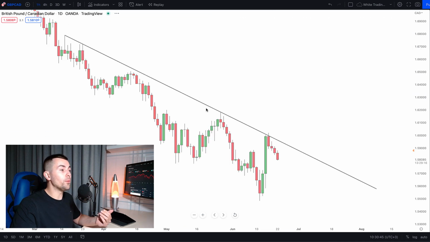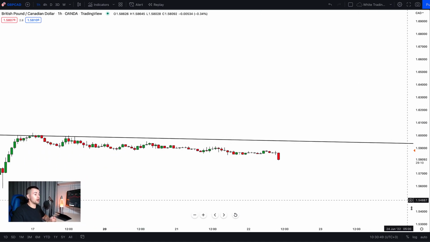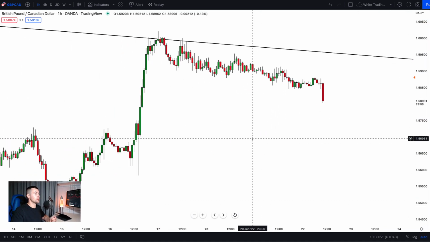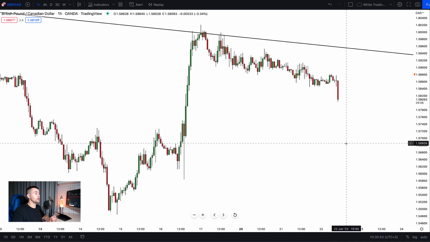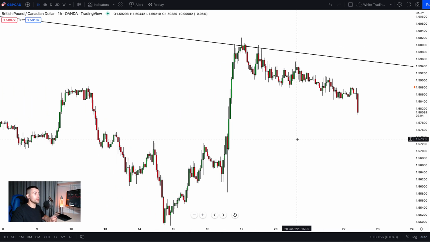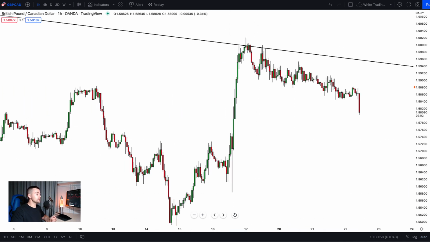If we open an hourly time frame, traders, if we analyze the hourly time frame together, let's check what happened here with the pair. You can see that once the market reached our trend line, the market retraced, then we bounced at a lower high, then we dropped and we respected the same structure.